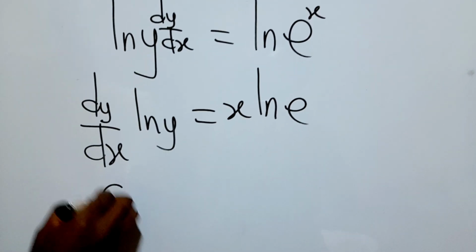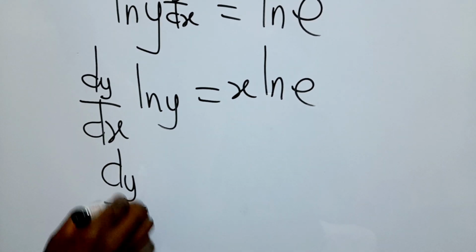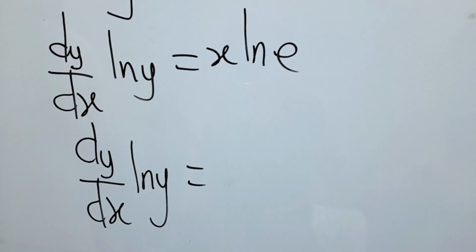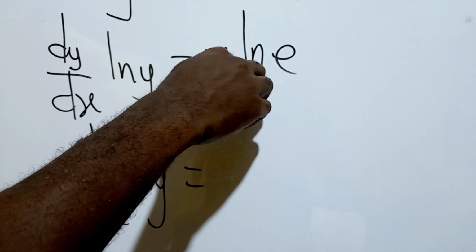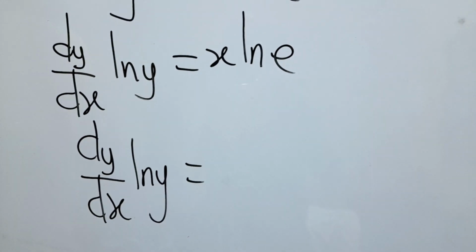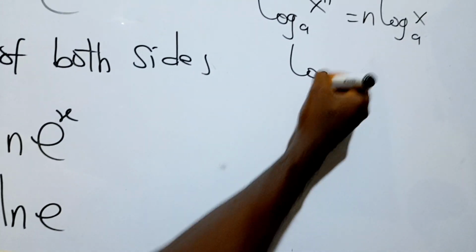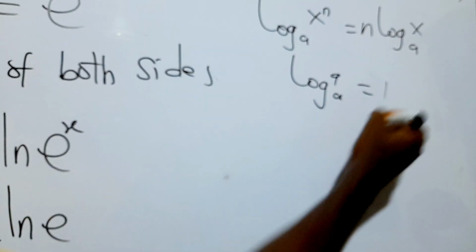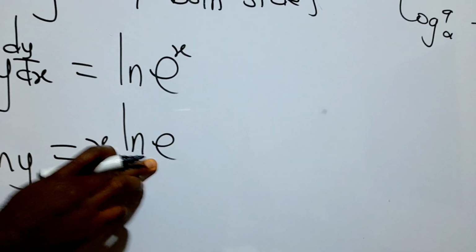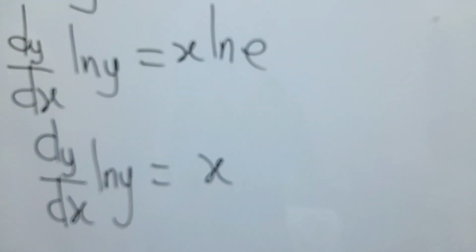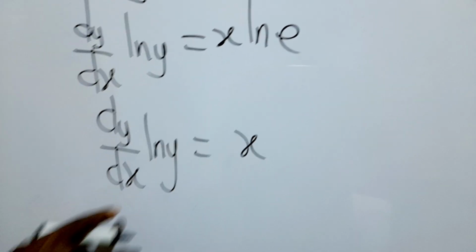So we have (dy/dx) ln y equal to... Anytime that you remember, ln is a log to the natural base e, and a log to the same base is always 1. So we can say this is 1, and we'll be left with only x there. We can multiply both sides by dx.